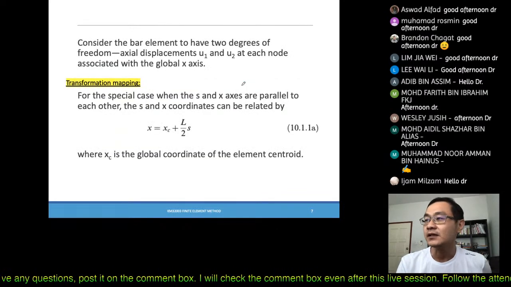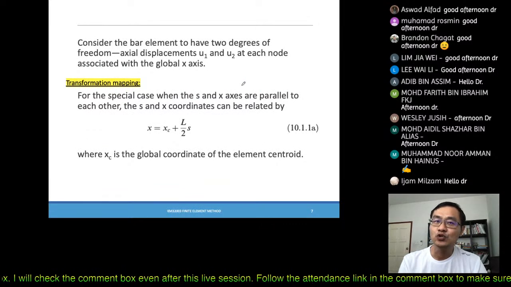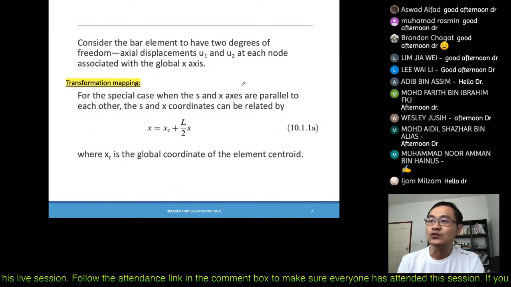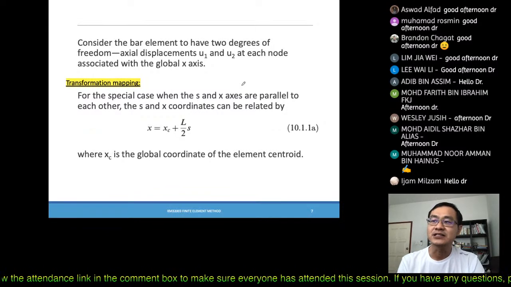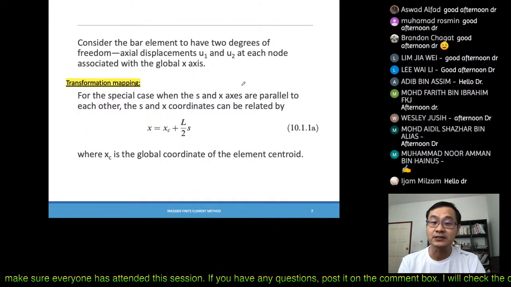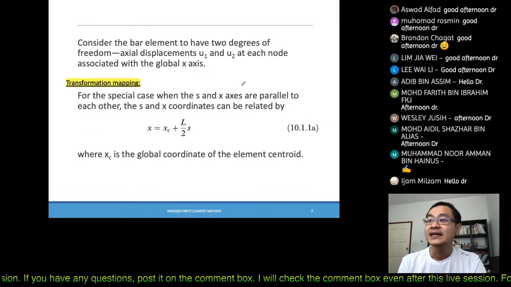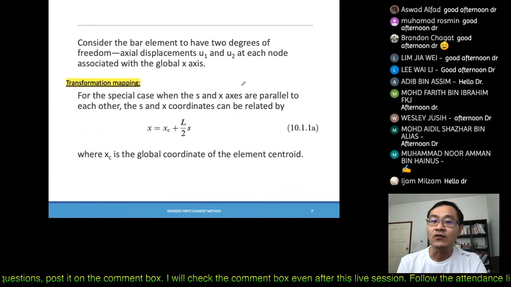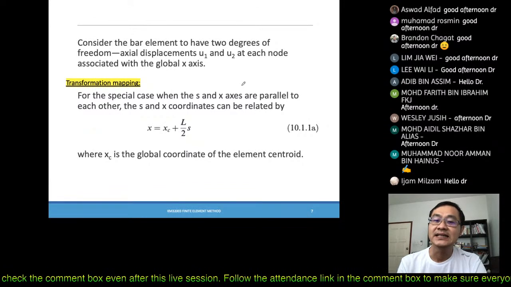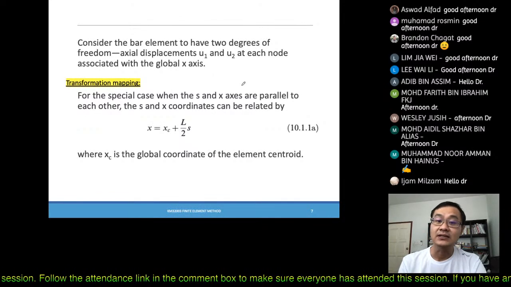First we will consider two nodes. Each node will be subjected to a displacement. In the bar, we only consider the axial displacement, u1 and u2, right? If you still recall, the displacement for a bar element is only along the bar direction, or the bar length.